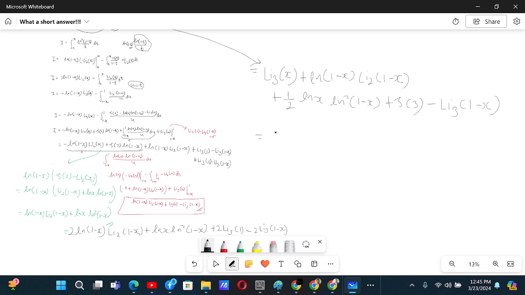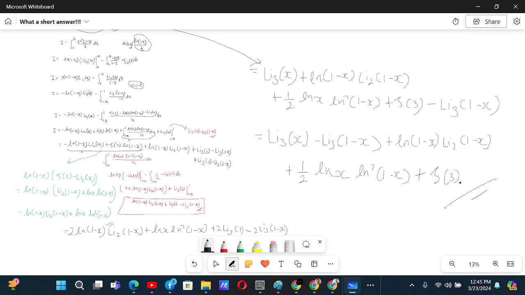To write it properly, I can write it like this: Li3(x) minus Li3(1-x), and then ln(1-x) Li2(1-x), and then 1/2 ln x ln²(1-x), and then plus zeta of 3. Li3(x) minus Li3(1-x) plus ln(1-x) Li2(1-x) plus 1/2 ln x ln²(1-x) plus zeta of 3.